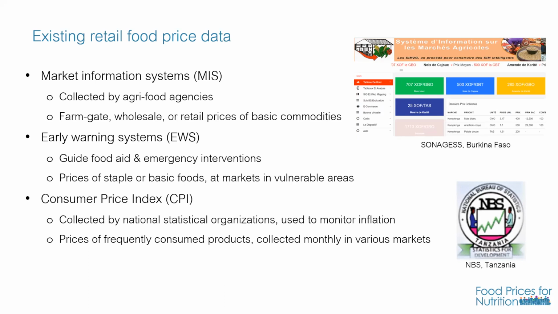Because these prices are based on expenditure shares within the population, they are by definition culturally appropriate and frequently consumed products. Governments spend quite a lot of time and money collecting these data, often at nationally representative markets, and on a pretty frequent basis, monthly or even more frequently.